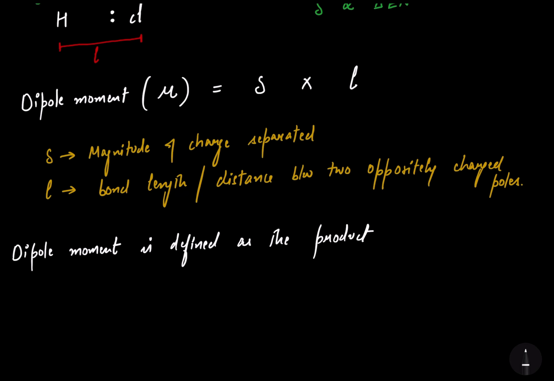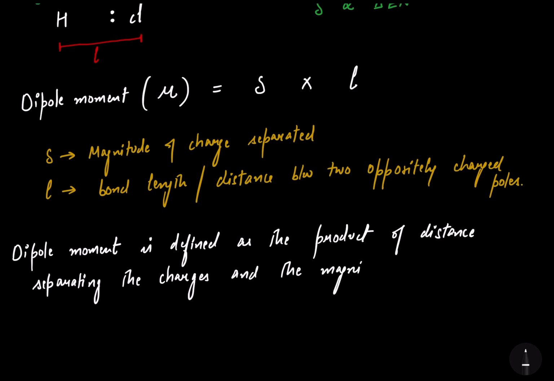Dipole moment is defined as the product of distance separating the charges and the magnitude of charge separated.